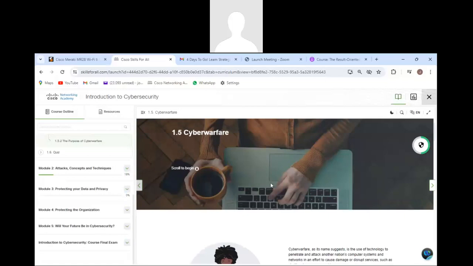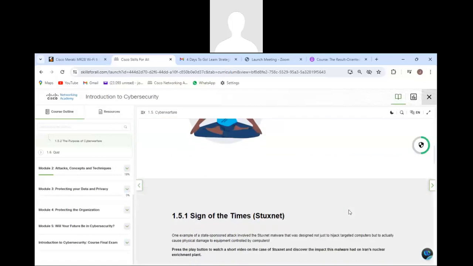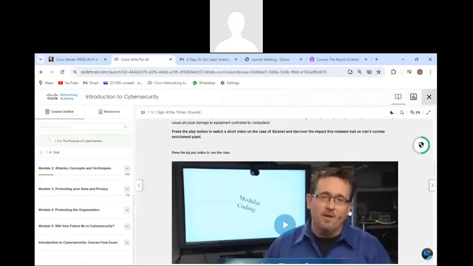Looking at this, what is cyber warfare? As its name suggests, it is the use of technology to penetrate and attack another nation's computer systems and networks in an effort to cause damage or disrupt services, such as shutting down a power grid. So cyber warfare is a kind of cyber attack between one nation and another. We have what we refer to as Stuxnet.